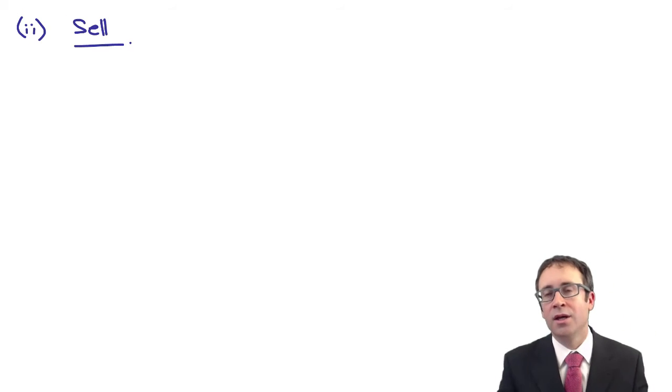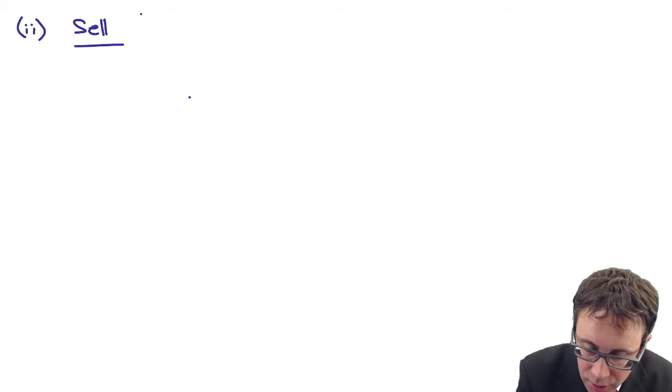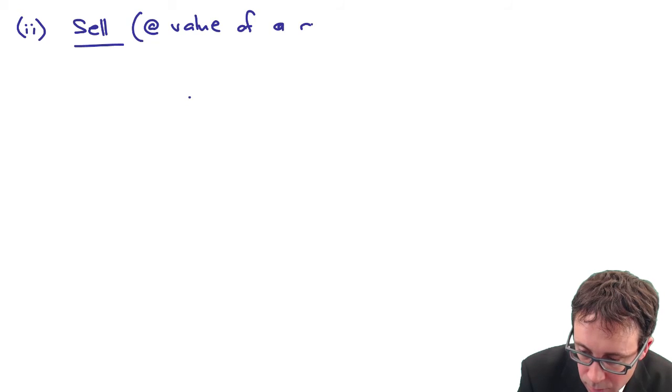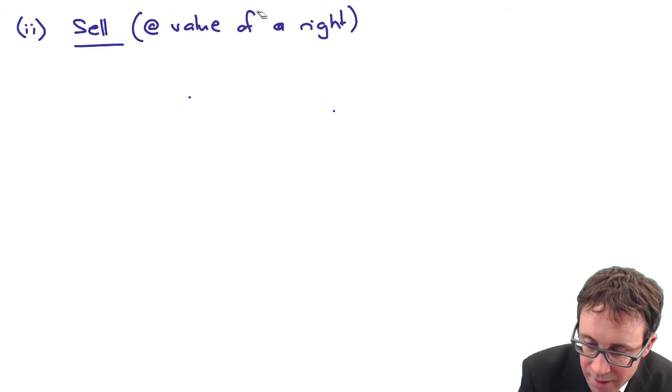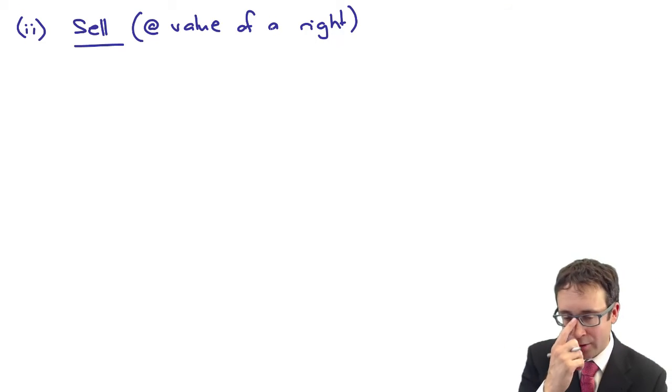I don't have the cash to pay for the shares, so I sell them on. When you sell them on, you sell them at the value of a right. So how many rights do you get? Well, we can work that out in a moment.